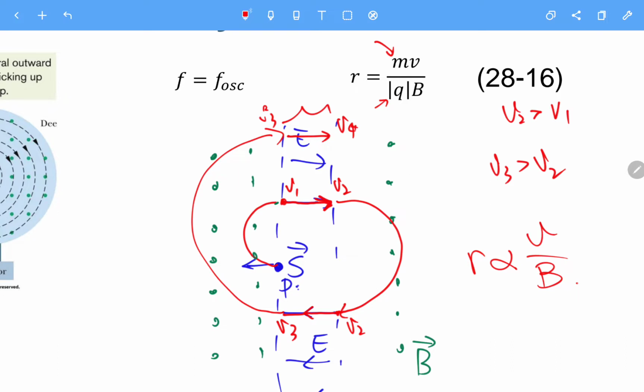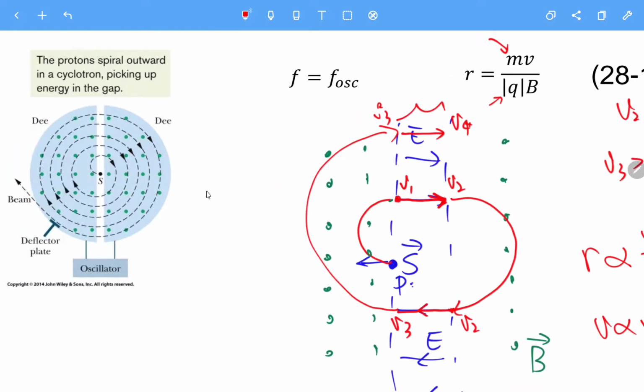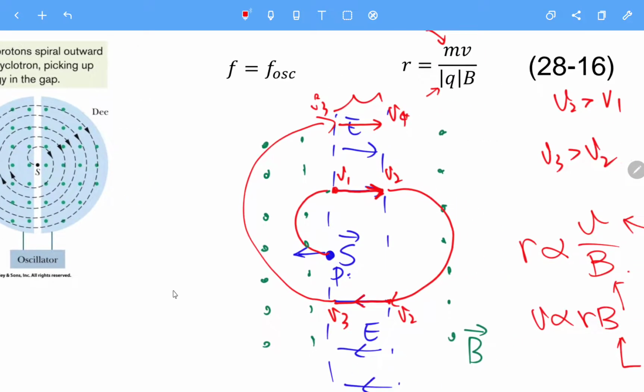So in this case, if we want to make v larger, we should provide a larger b. Or we can imagine v is proportional to rb. So we can either increase the b field given in this region, or we can make the radius larger, to get a higher velocity particle.